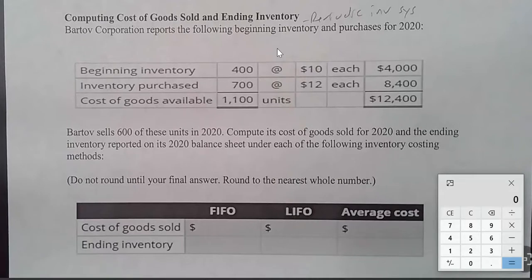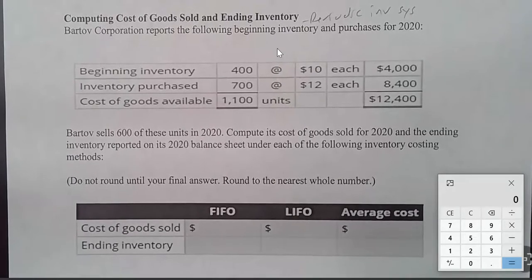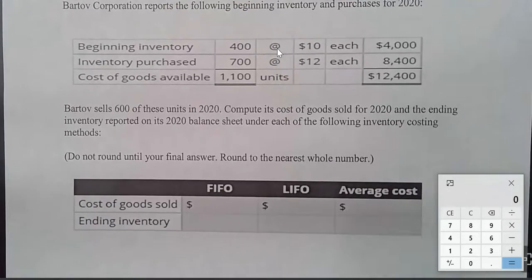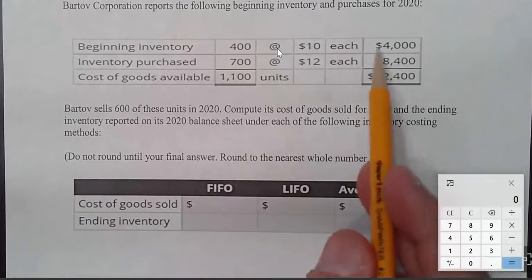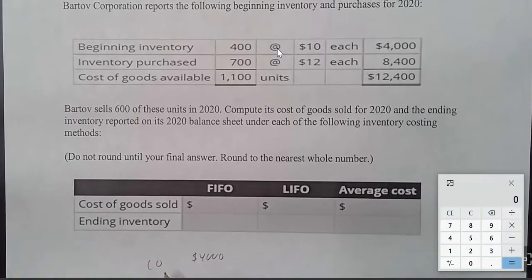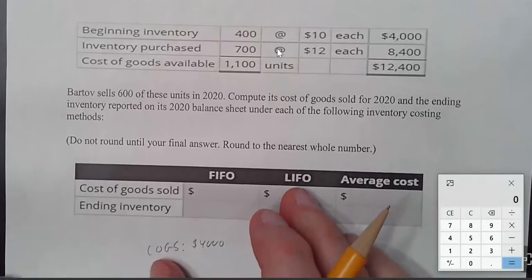So we don't have to do any kind of math here, not really. For these 400 units, we've been given the $4,000. So if we're wanting to figure out cost of goods sold under FIFO, we can take that 4,000.